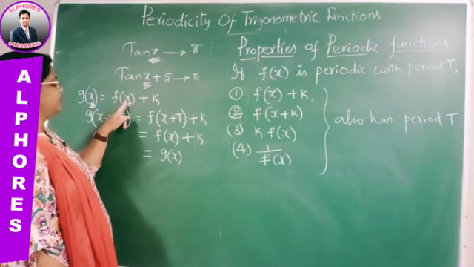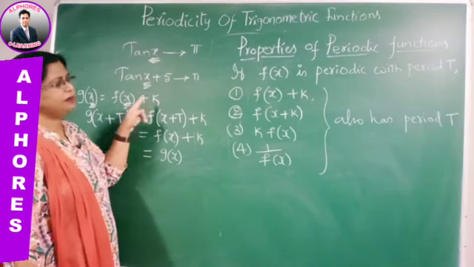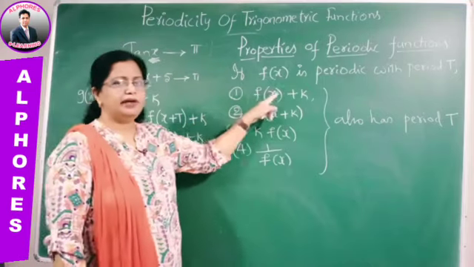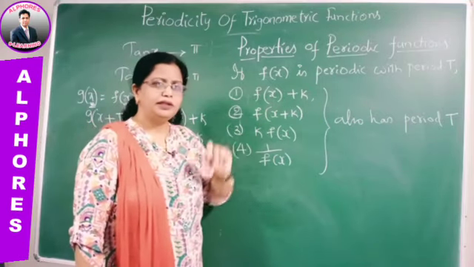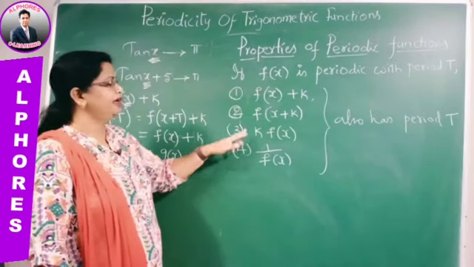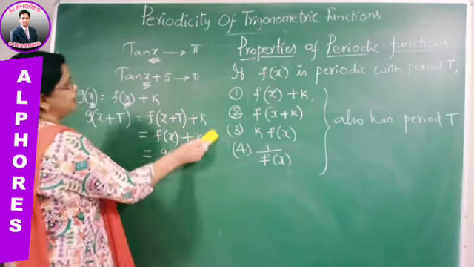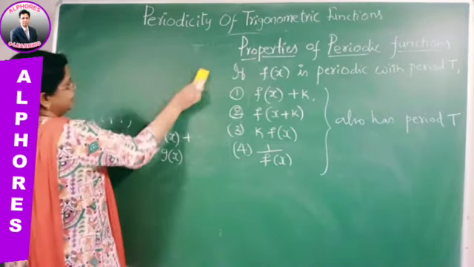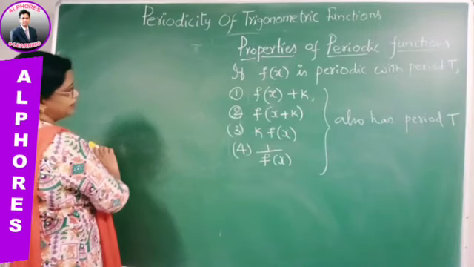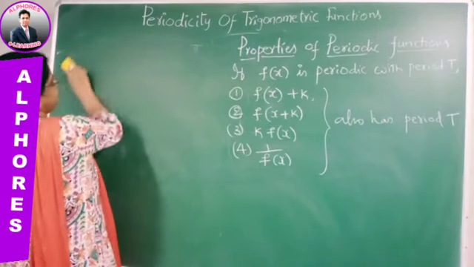T. That g of x is nothing but f of x plus k. Therefore this function's period also is t itself. In the same way, if you observe these three also, you can say clearly the period is again nothing but t. So let us observe one or two examples.